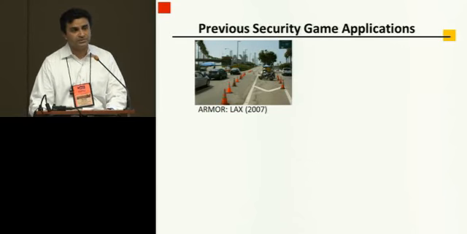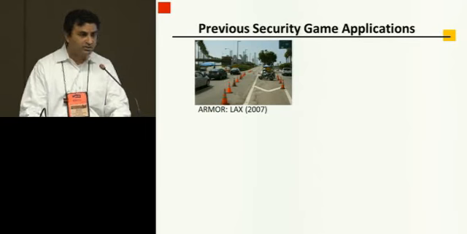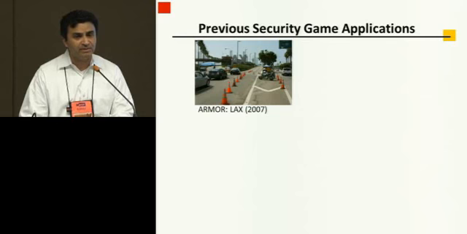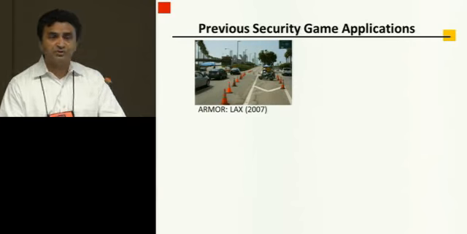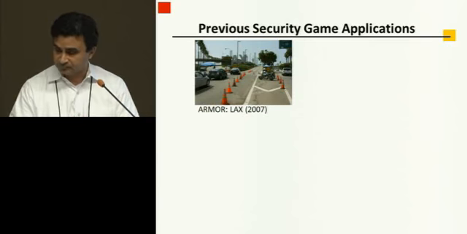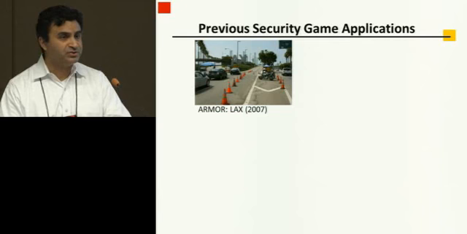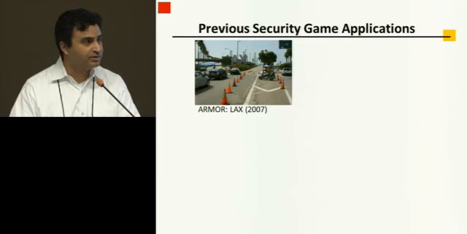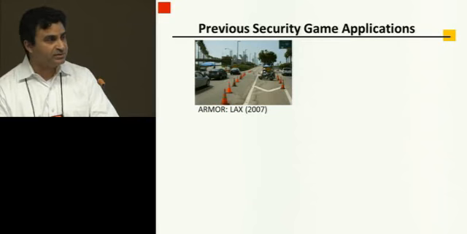There are 8 terminals, but not enough K9 units to patrol all terminals at all times. So the question then becomes, where and when should the checkpoints be set up? Where and when should the patrols be conducted for the terminals with K9s? We constructed the system called Armor, which is based on this game theory background, which I'll get into a little bit later on. It's been in use since 2007 at LAX, so it's been in 5 years in operation and continuing.